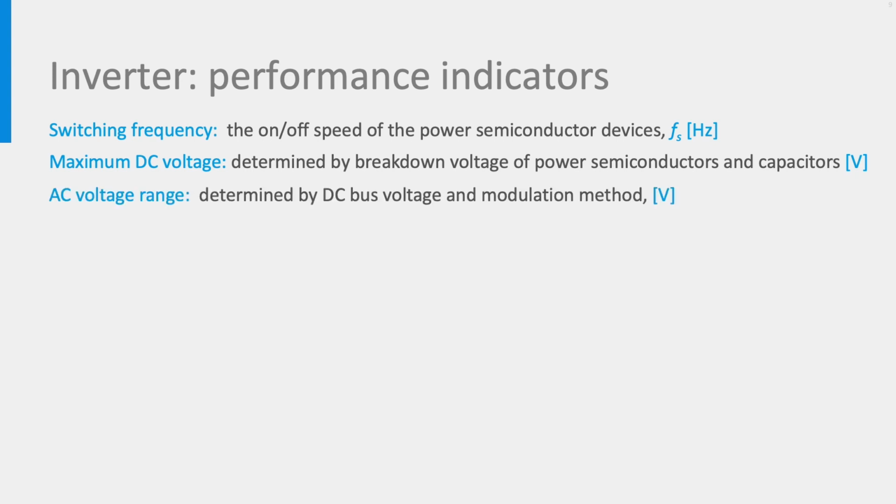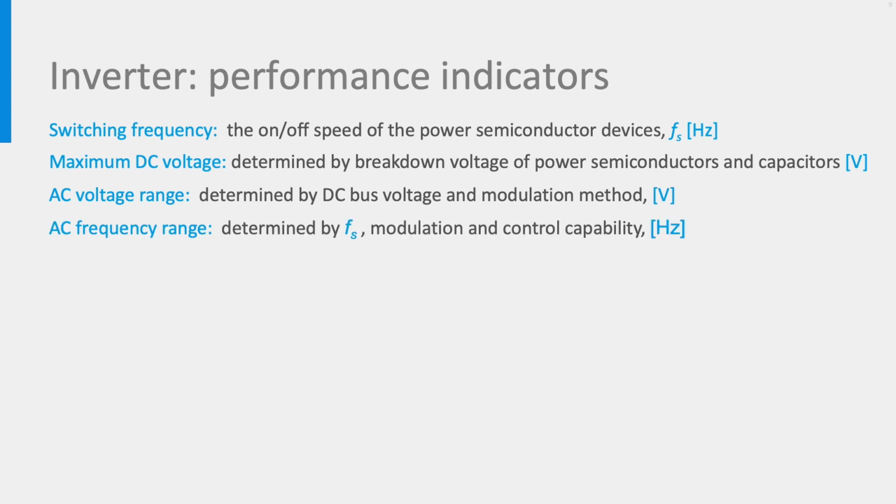The output AC voltage range is dependent on the available DC bus voltage and the modulation method used. The frequency range of the AC output is decided by the switching frequency, the modulation method, and the controller capability.